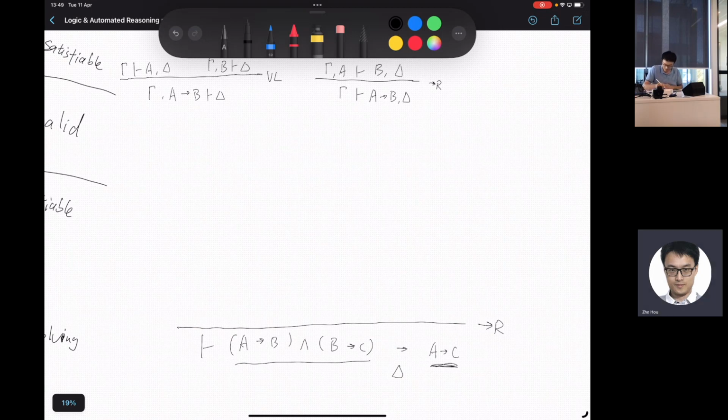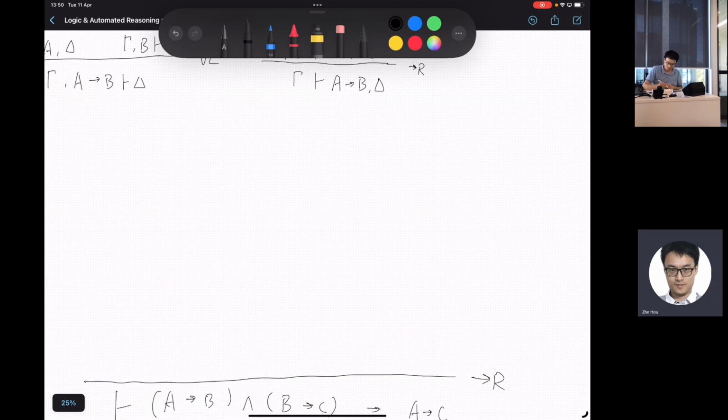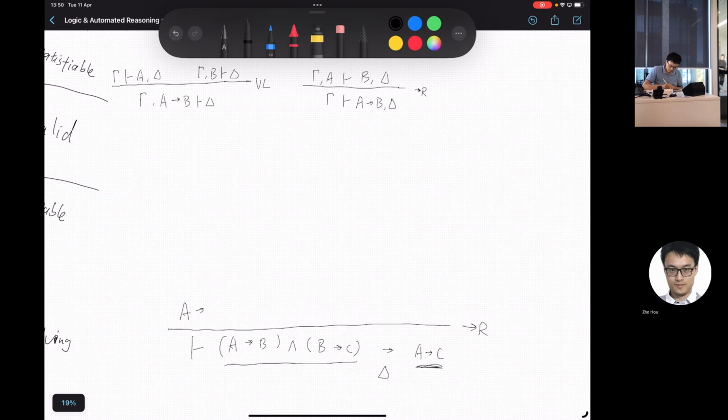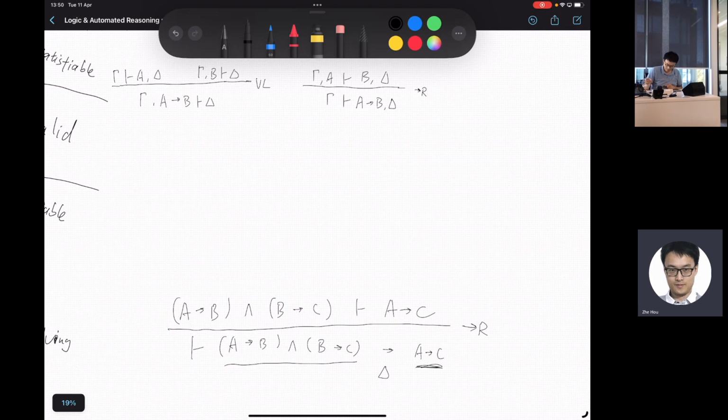So you apply implication on the right, what do you get? You basically move the left-hand side to the other side of the turnstile. So you end up with A implies B, and B implies C, turnstile A implies C.